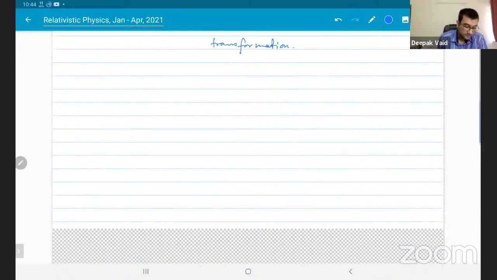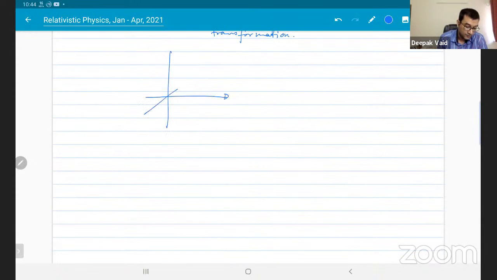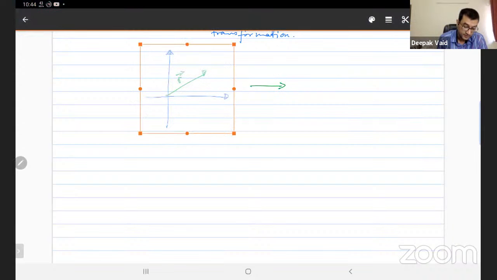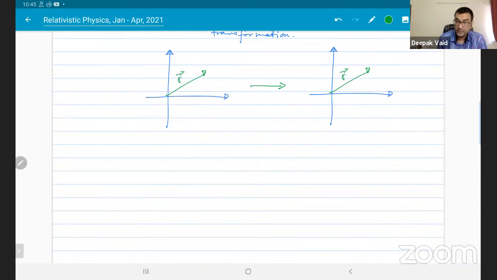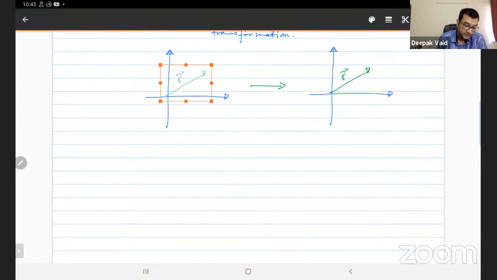As an example, I'll just work with 2 dimensions for simplicity. We have some vector R, and we say that there is some transformation that is applied to the whole vector space, so any vector is transformed.